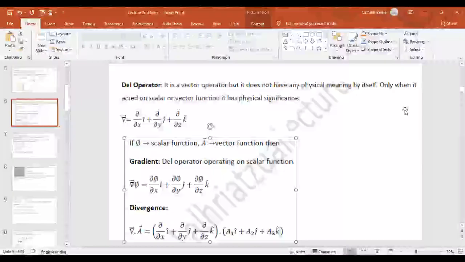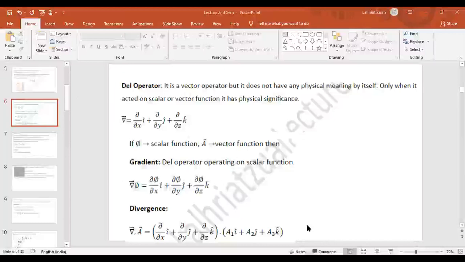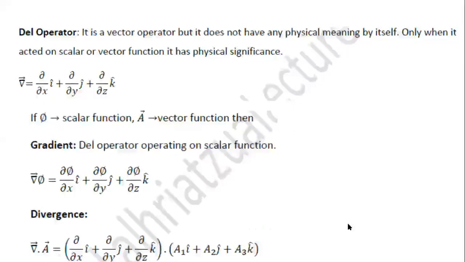The PowerPoint I'm sharing now, is it visible? Yes, sir. Okay. So I think we can continue from there. But before that, what I have to do is make it a full screen. So, please mute yourself, everyone.